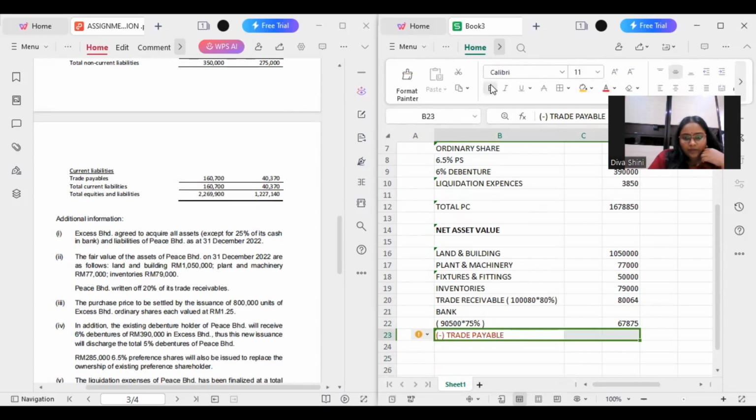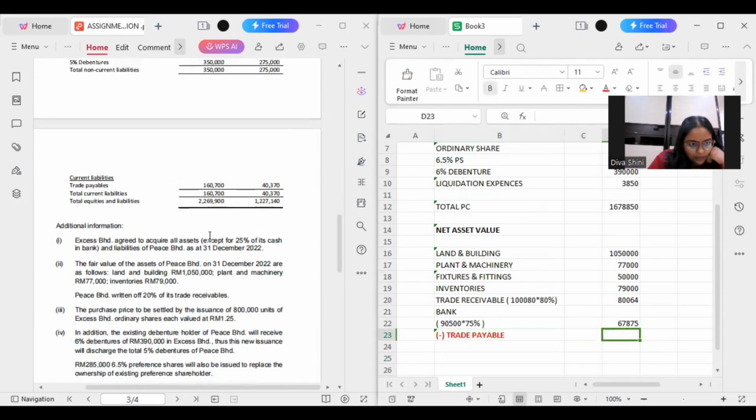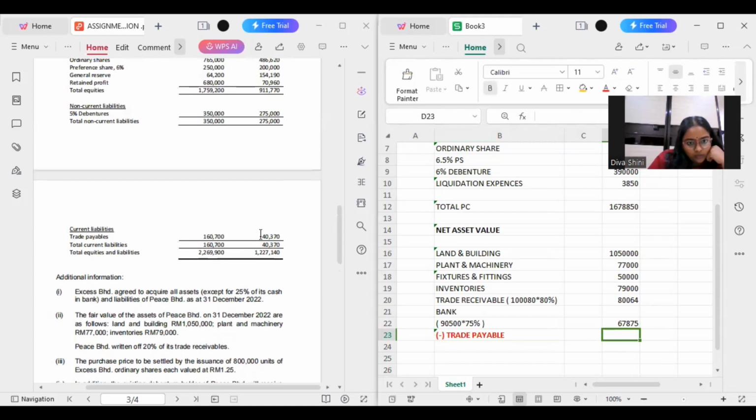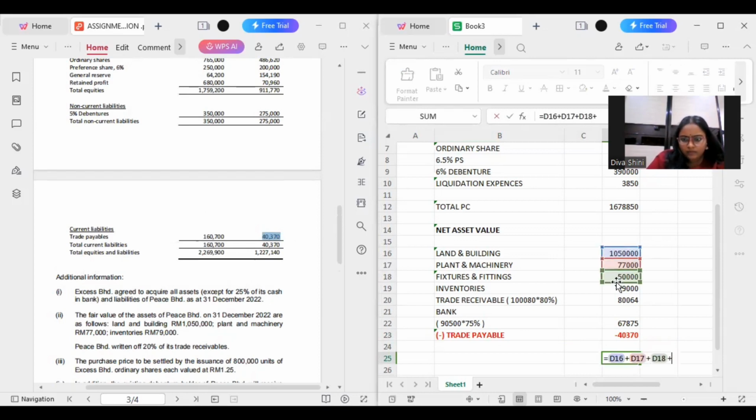The trade payable we need to minus. We take the trade payable amount from Peace, 40,370. So for the net asset value, we need to add everything. This is the net asset value.